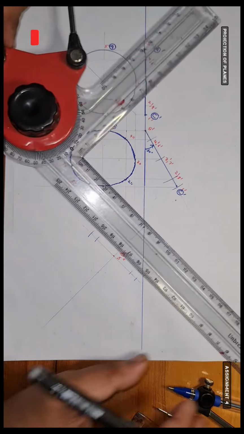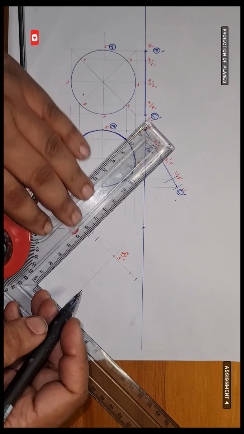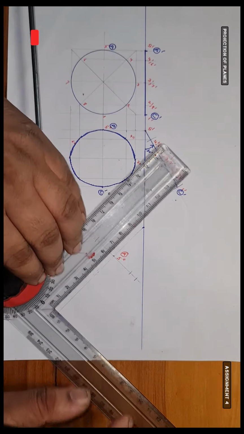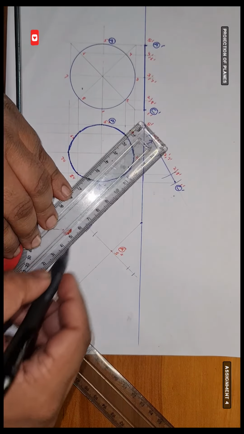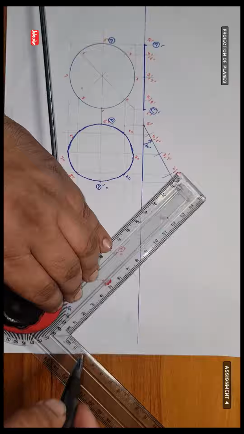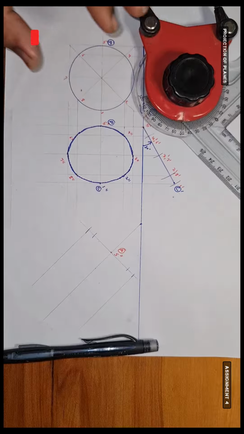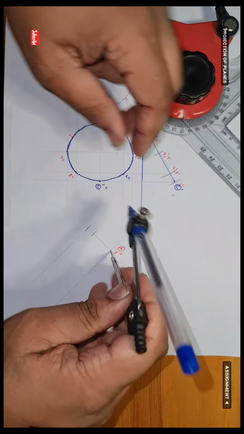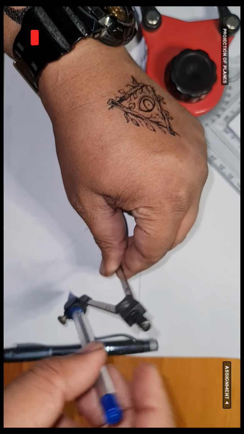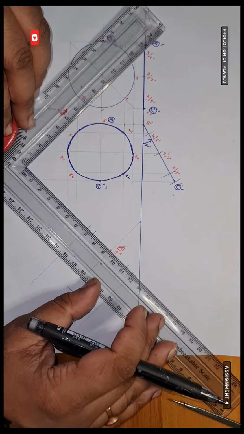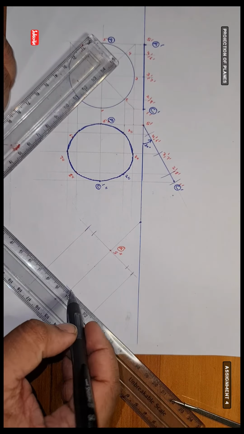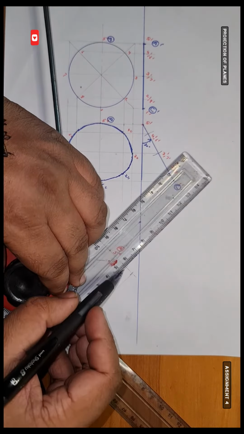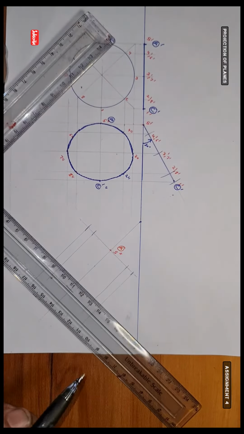Then you extend these lines, make sure it is parallel like this, tight your screw, make a parallel line like this. Okay, then measure the length, this 1.5, this 1.5 should be like this. So take your scale, make a parallel line over here like this, parallel over here.